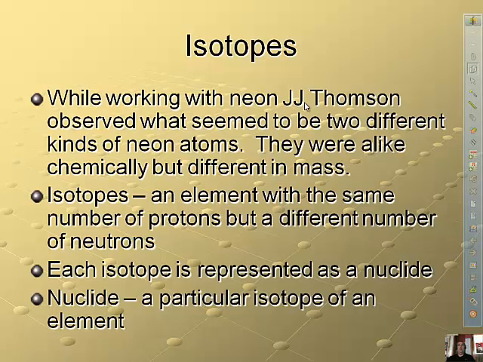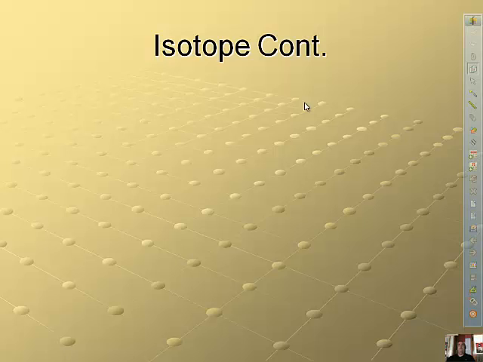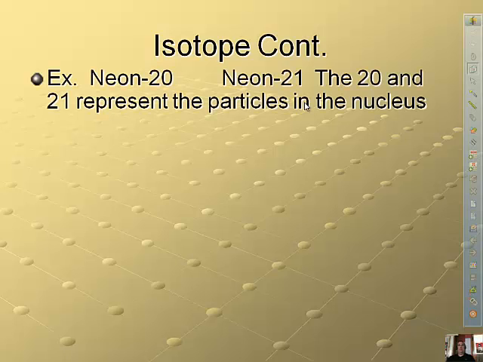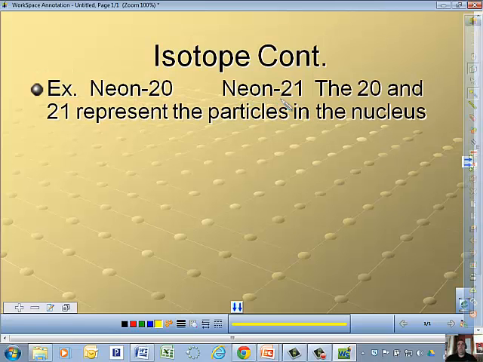A nuclide is specifically talking about a certain isotope of an element. For example, neon 20 and neon 21. Those were the two particular kinds of neon that J.J. Thomson was looking at. So neon 20 and neon 21 is what is referred to as nuclide notation.